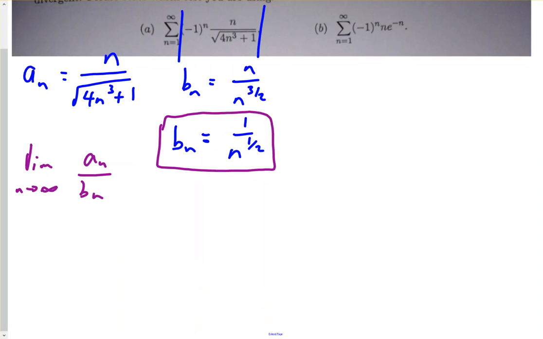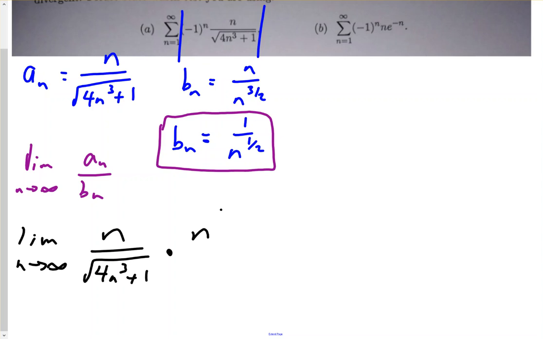Okay, so we have the limit as n approaches infinity of n over square root of 4n cubed plus 1 divided by bn. Now dividing by 1 over n to the 1/2 is the same as multiplying by n to the 1/2 over 1.